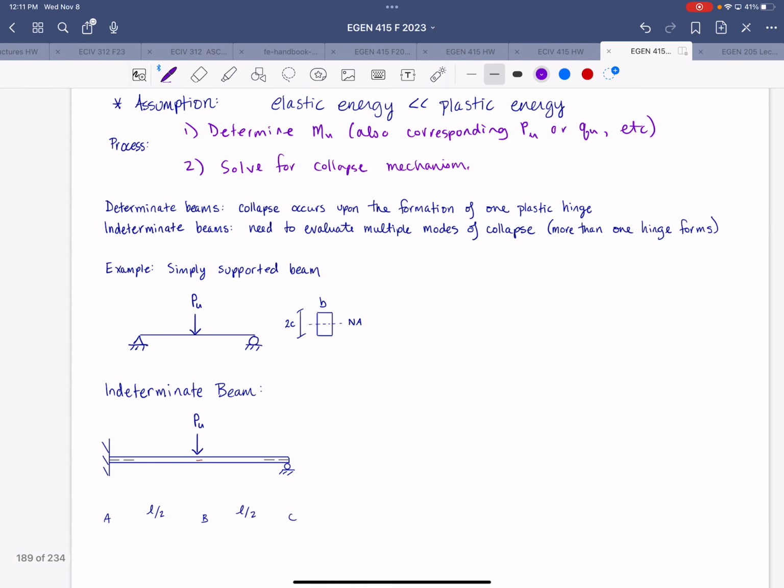So we just looked at the simply supported beam, so I'm going to briefly recap the values that we found. Mu, for the rectangular cross section, was BC squared times the yield stress. The work done was Pu times delta. Internal strain energy was 2 mu theta. And delta was equal to 1/2 theta L, where the mechanism looked like this.